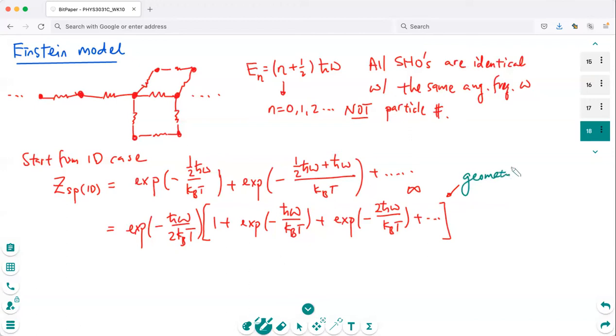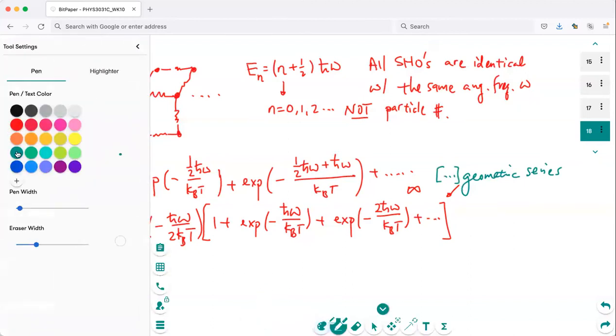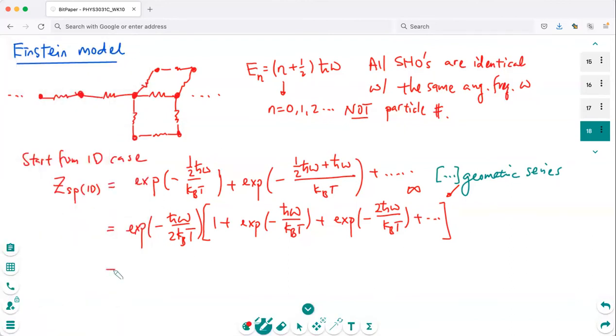It's like 1 plus r plus r squared plus r cubed, whatever, an infinite number of them.